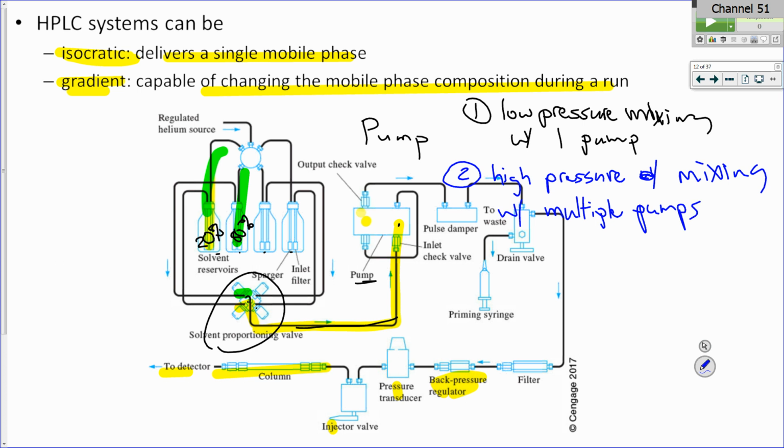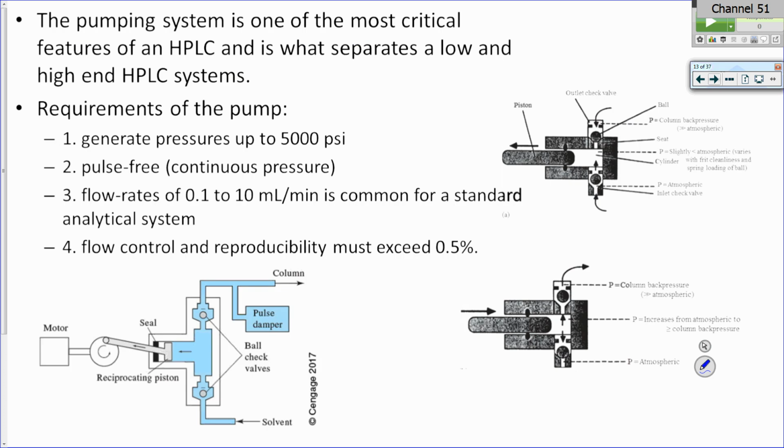It's got a pump that's pulling in solvent A, and a second pump that's pulling in solvent B. And if I want it to be 80%, I tell this one to pump 0.8 mL a minute. And if I want this one to be 20%, this pump's going 0.2 mL a minute, or any other ratio that I want to combine them. But both pumps are simultaneously going at the same time. Okay, the better system is the multi-pump system.